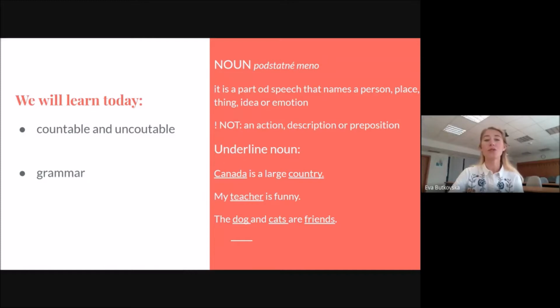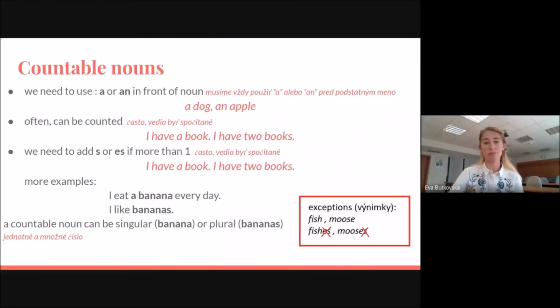And let's move on to countable nouns. So the first and basic rule that you need to remember and understand is that we need to use a or an in front of a noun. So if I say dog, I say a dog, or an apple, or a chair.